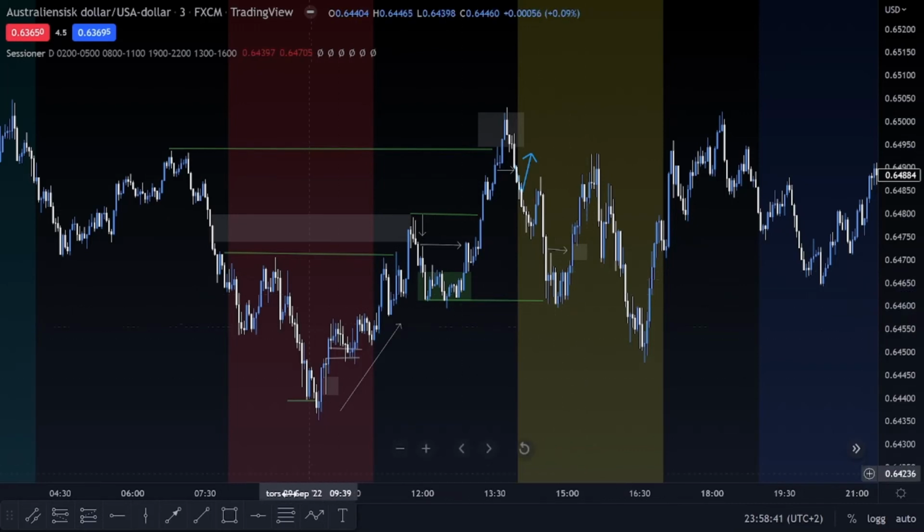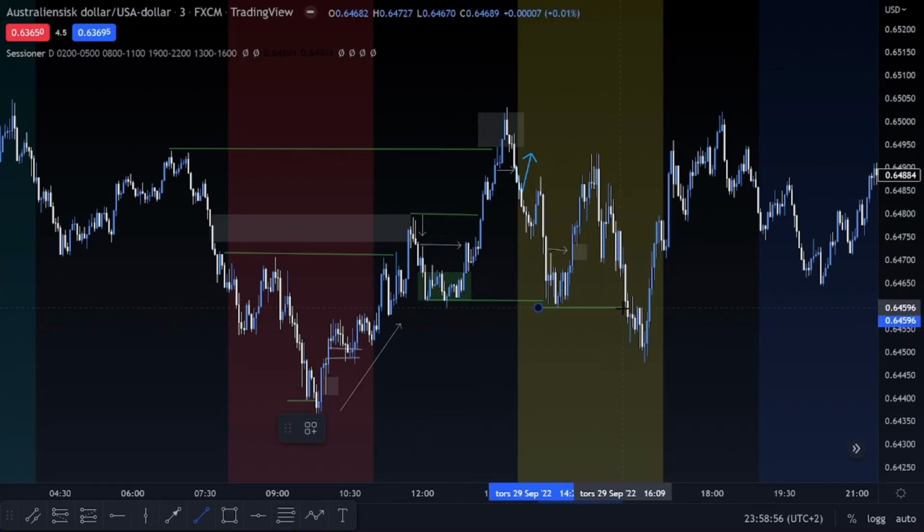So remember also, or notice also what we have left down here after taking out this liquidity here. We have another area of equal lows and a consolidation. So this could be a potential new sell model started.